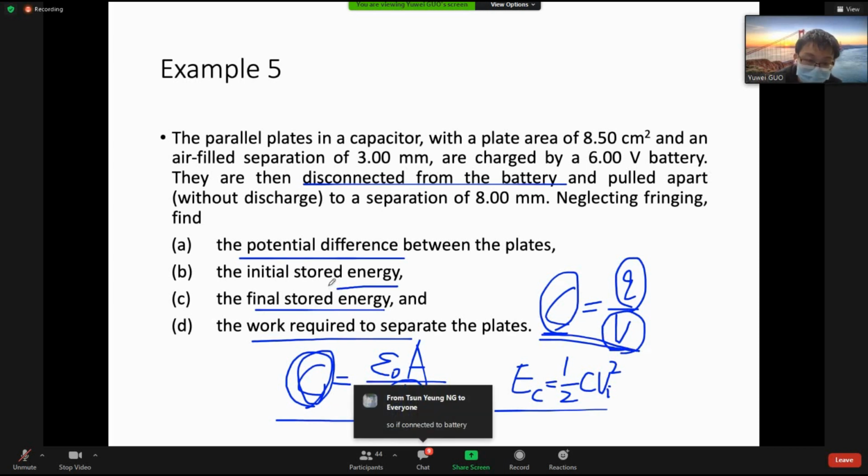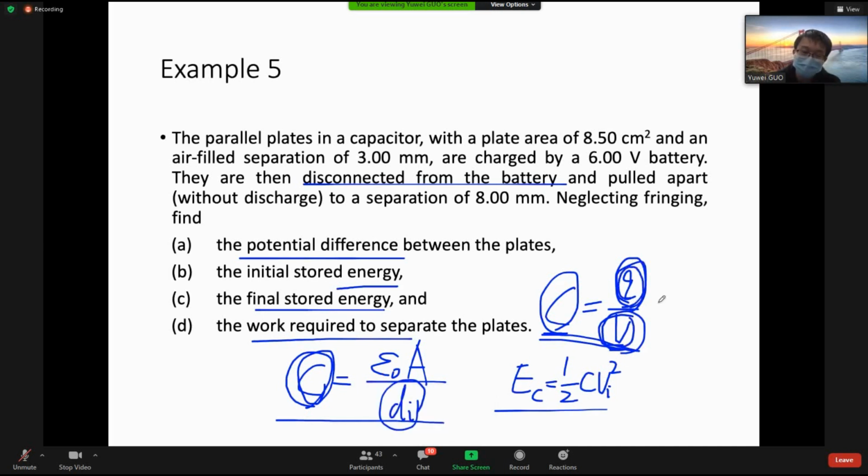If it's connected to the battery, the voltage will be the same, but the charge needs to be changed. Yes, the voltage will be the same.